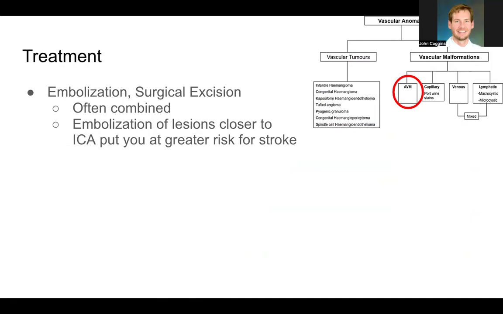So the closer you are to the ICA, the higher the risk of stroke is. So if you have a lesion that is branching off of the ophthalmic really close to the ICA, and you send them to get embolized, just have in the back of your head that certain patients are going to be at high risk for stroke.